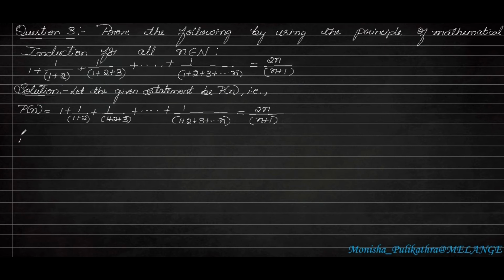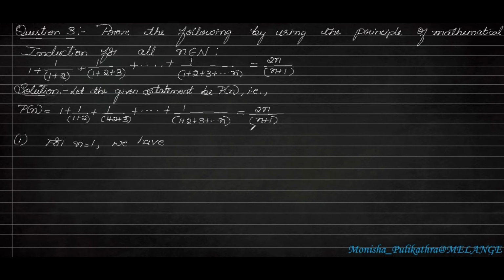In the next segment, for n is equal to 1, wherever n is there, we have to substitute it as 1. So here in the LHS part, the whole thing will be up to 1 itself.